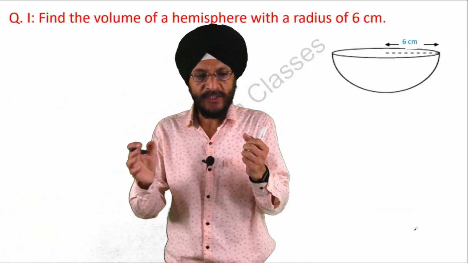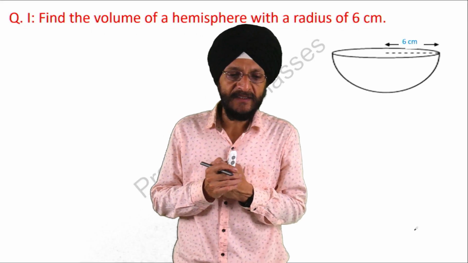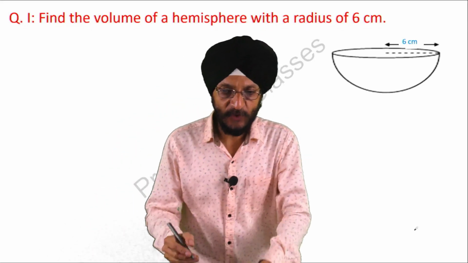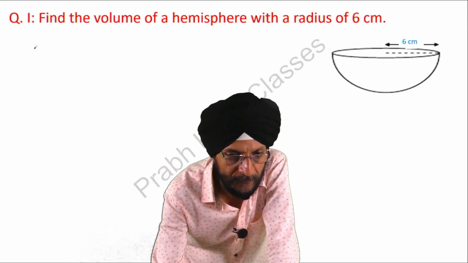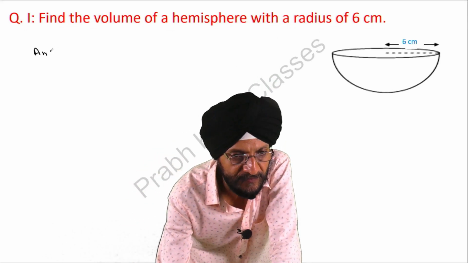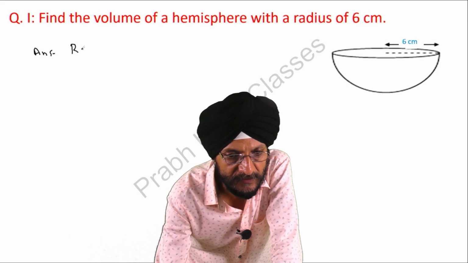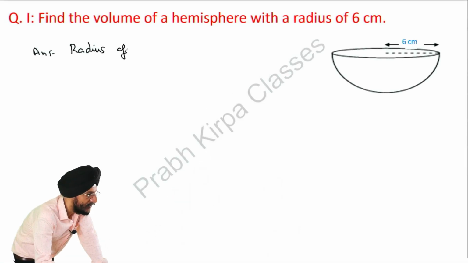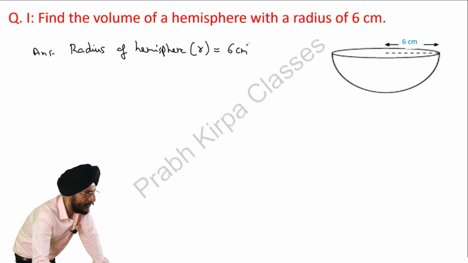Now the question before us is, find the volume of a hemisphere with a radius of 6 centimeter. Now what is given? We have been given the radius of the hemisphere, r is equal to 6 centimeter.